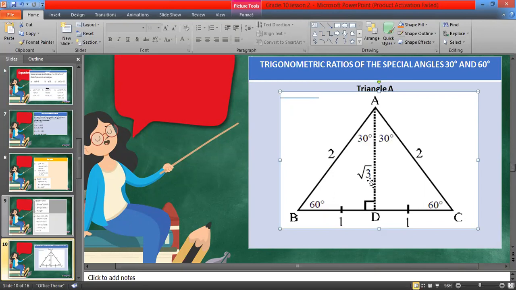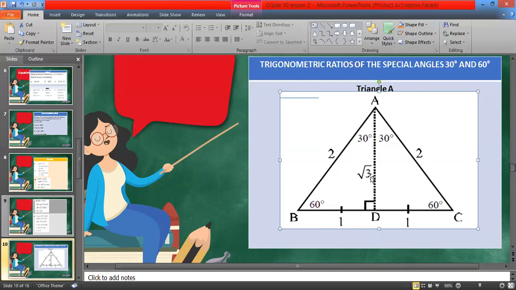So what has been done is basically rationalization. Usually we don't want a surd as a denominator, so once a surd comes as a denominator, what do we do? We rationalize. So in our calculation, tan 30 is 1 over root 3, but if you punch tan 30 on your calculator, you'll get root 3 over 3.